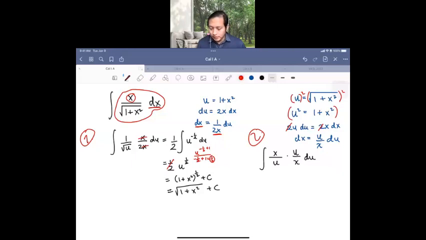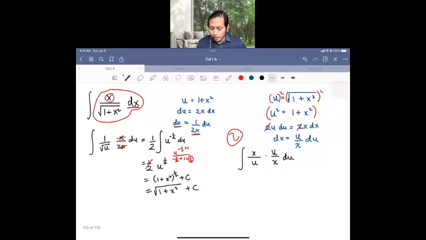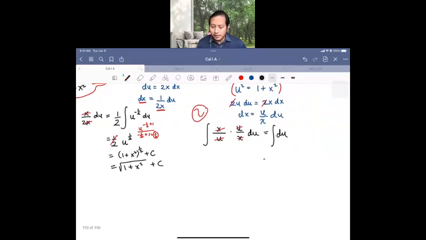So it would be cancelled, and so it's just the integration of du, which means this is going to be u, right? The integral of du is u. So u is the square root of 1 plus x squared and then plus c. Same answer.